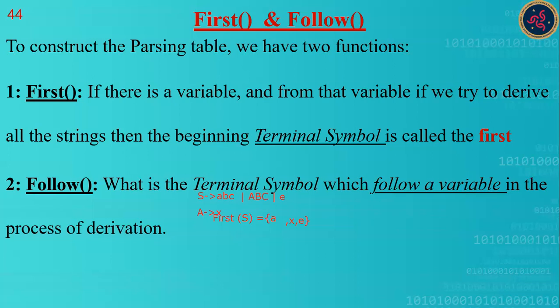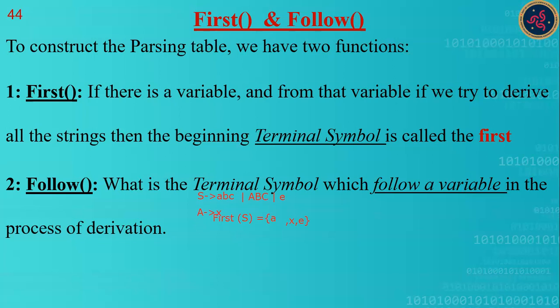So what is follow? If you want to find the follow of capital letter A, we need to find A on the right side of a particular production. Here is where A lies.